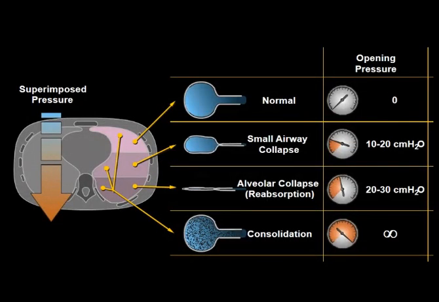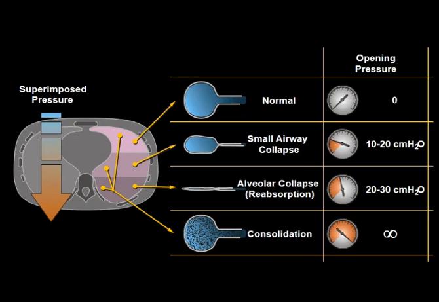So this is a nice slide. I conclude with one slide again. I don't remember when we did these slides, but decades ago. I tell you that some part of the lung is normal, which is more or less true. Some is small airway collapse, which opens at the maximum of opening pressure, around 20 centimeters of water. Then we have the sticky atelectasis, which are without any gas inside, reabsorption atelectasis.